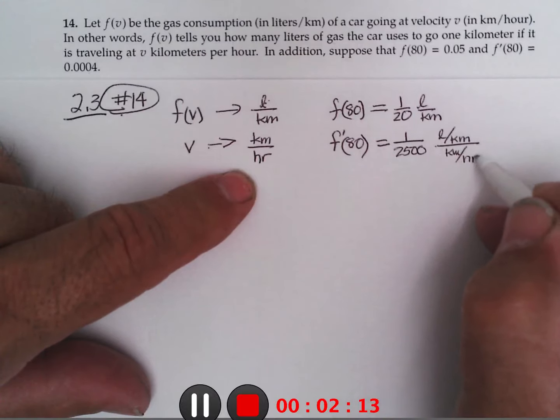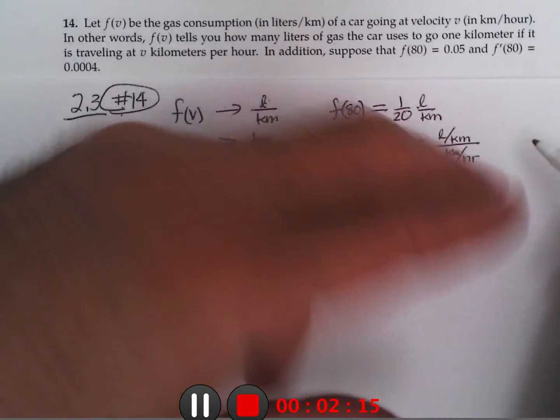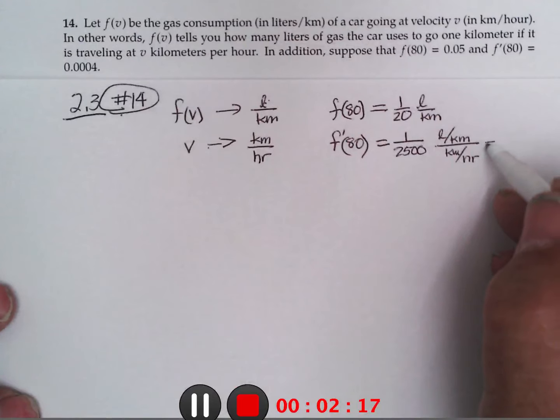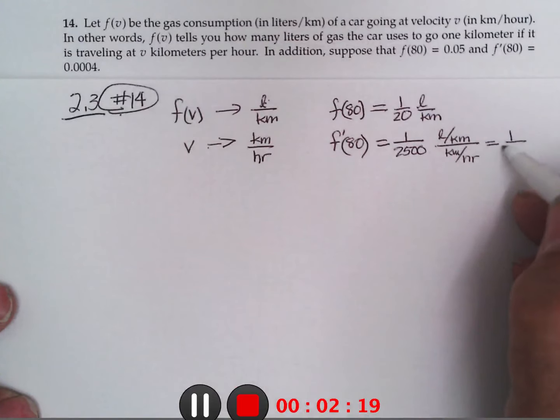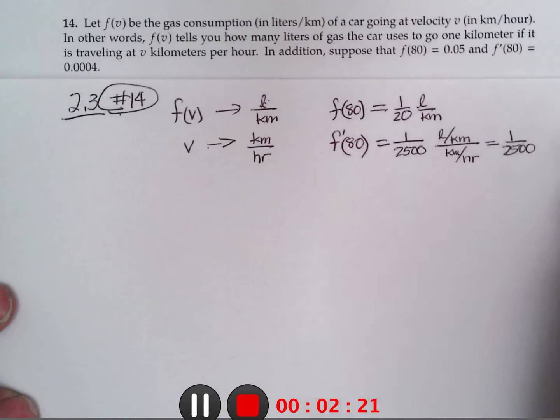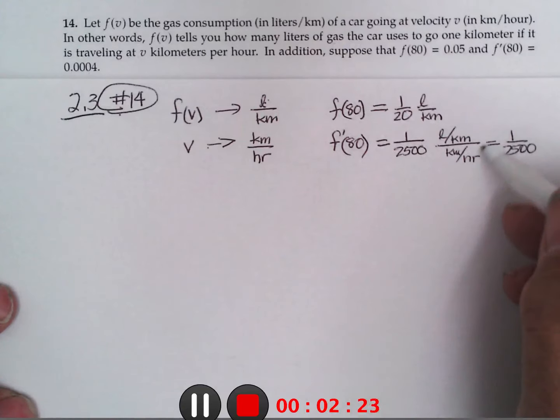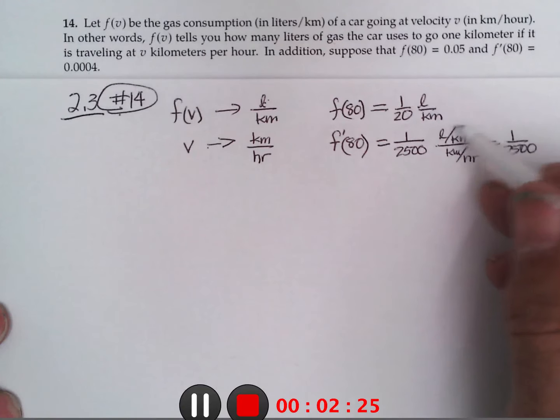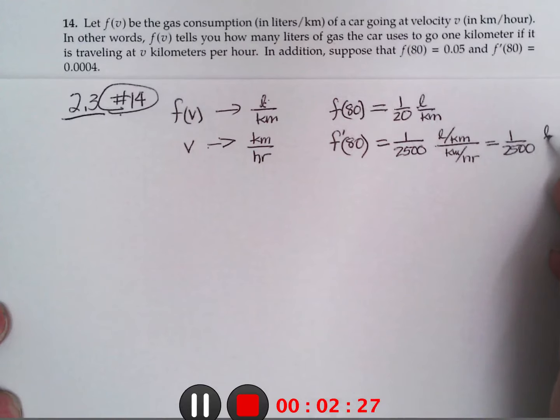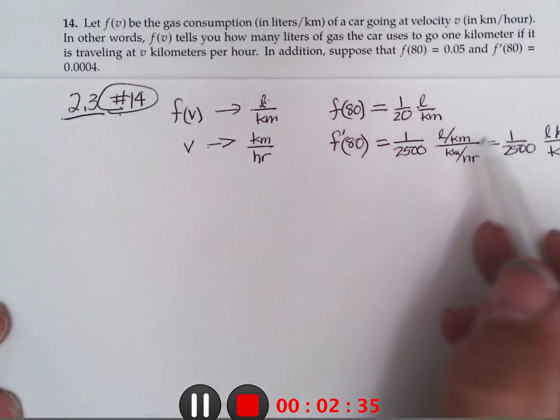If you invert and multiply, you get this strange unit: liter hours per kilometer squared. Probably better to leave it this way, but that's what it is.